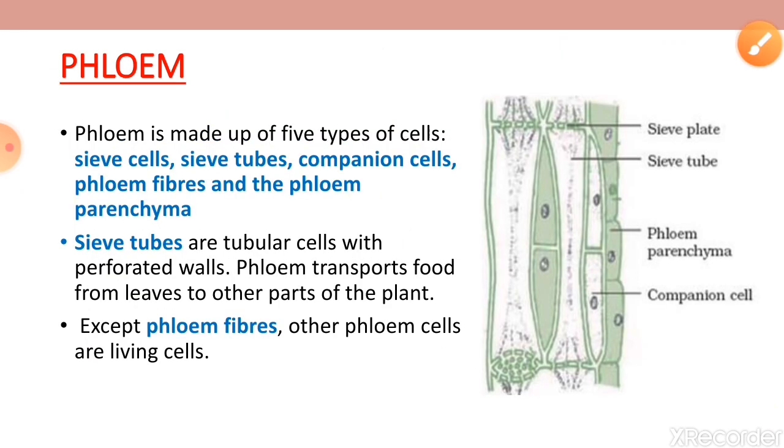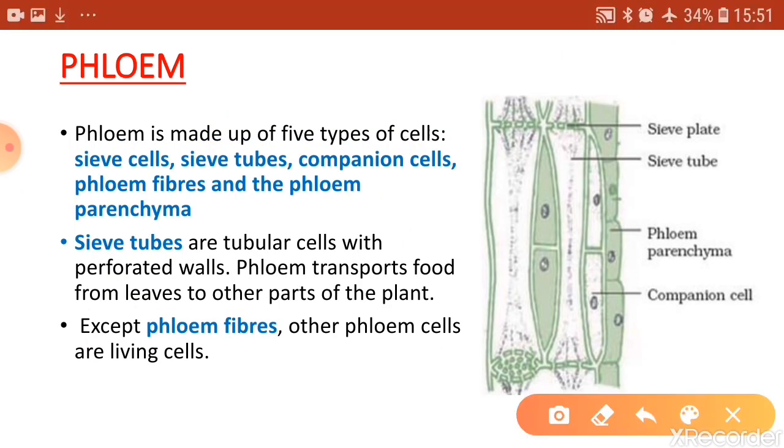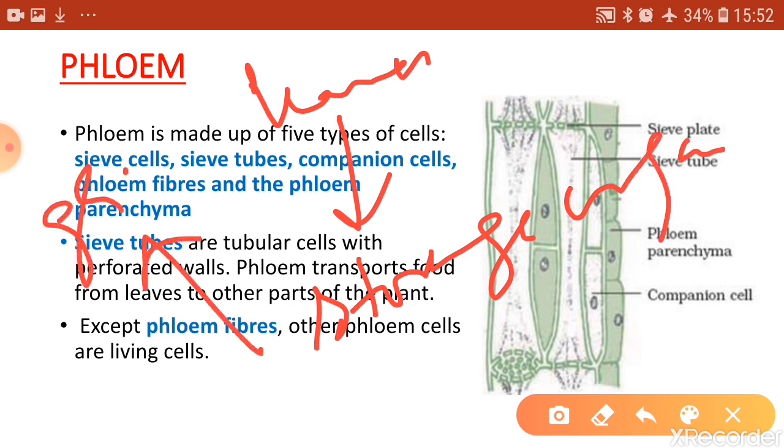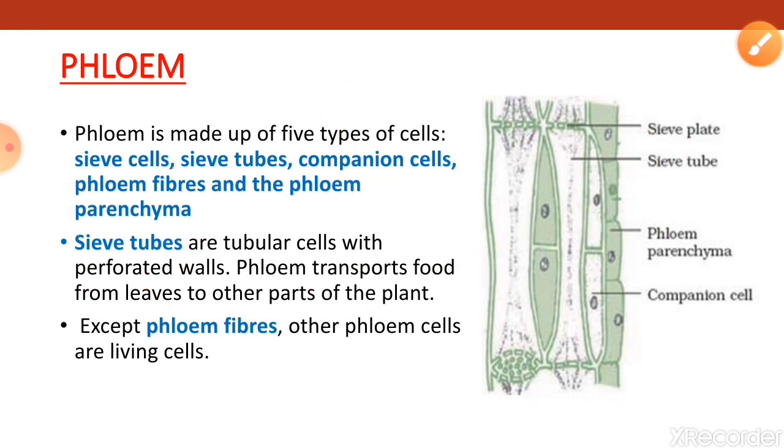But in the case of phloem, the food is made in the leaves. After the food is made in the leaves, it is taken to the storage organ. This is one direction, and the other direction is from the storage organ to the growing region. So phloem translocates food in two directions.